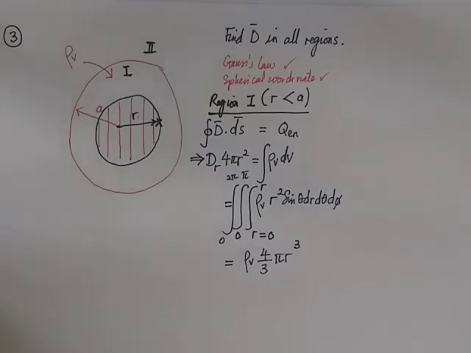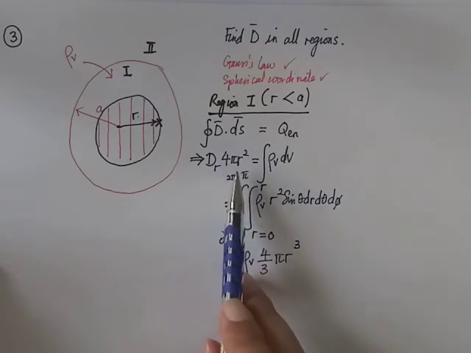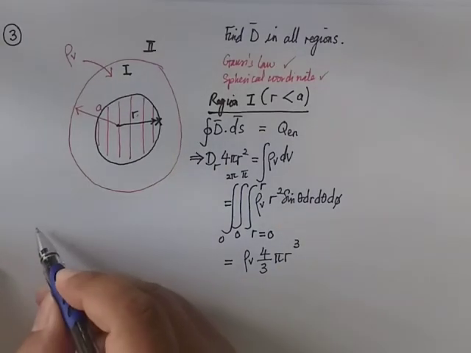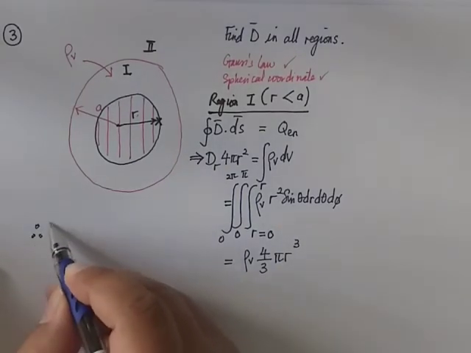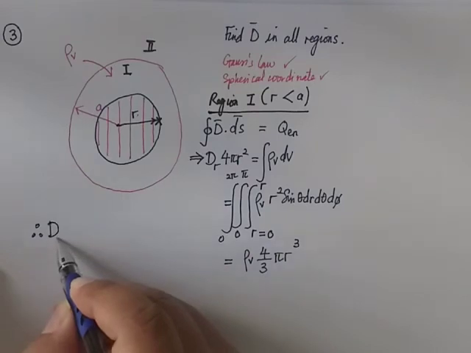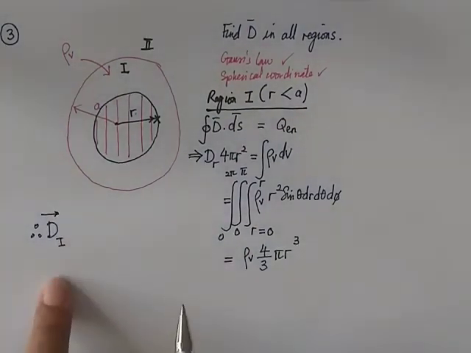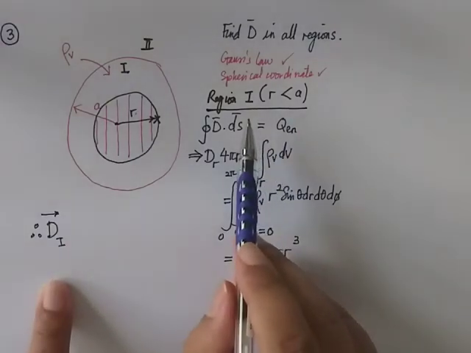Okay. Now we have two sides. One side is D_r times 4 pi r squared. On the other side, rho_v times 4 over 3 pi r cubed. So therefore, for D1, I'm going to put vector D1, why? Because it's only true for region number 1.